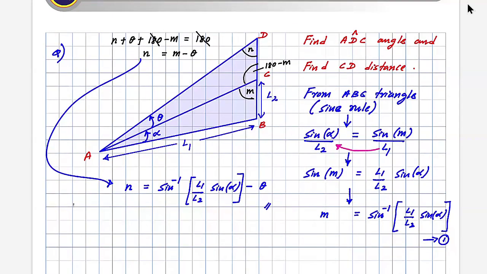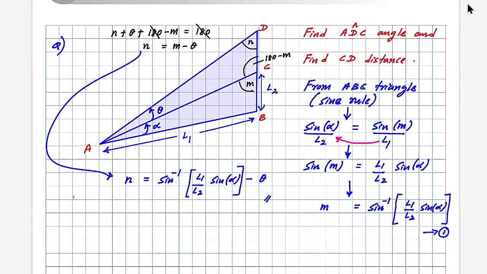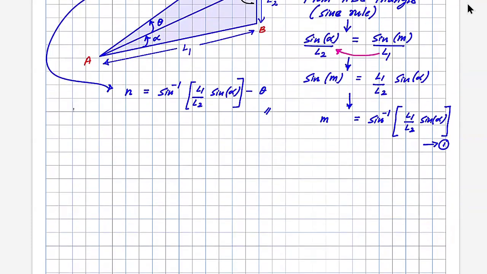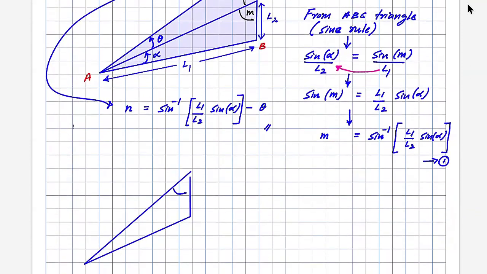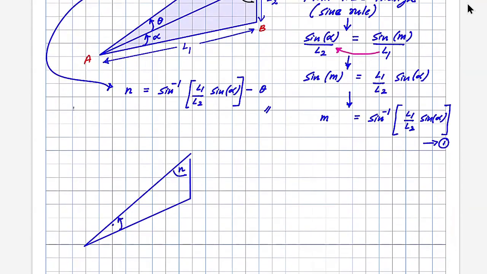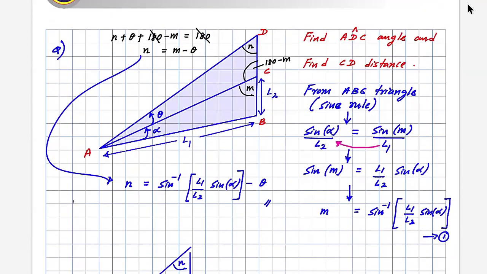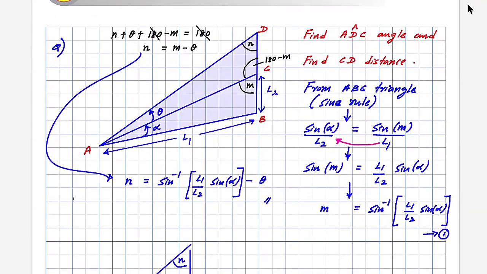Now we have this, right? Now what I'm going to do, I need to find CD, right? So I'm going to arrange it in this way. So I have to draw this separately so that I can show it to you better. So this is my n now. N actually we found. This is my theta now, right? So that is fine.